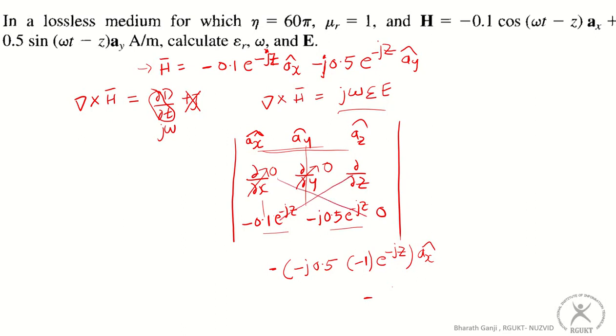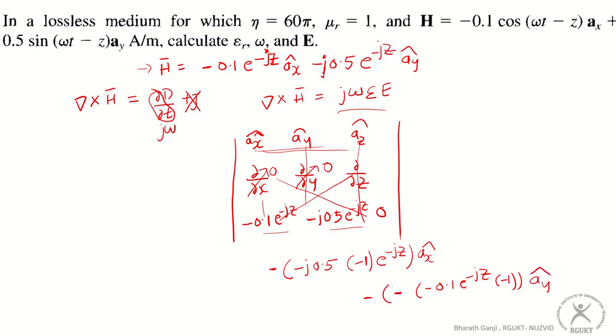So you get a 0 minus of minus 0.1 e^(-jz), and the derivative with respect to z is a minus 1. So the whole thing with an a_y cap.